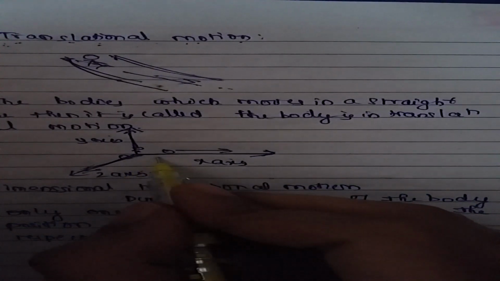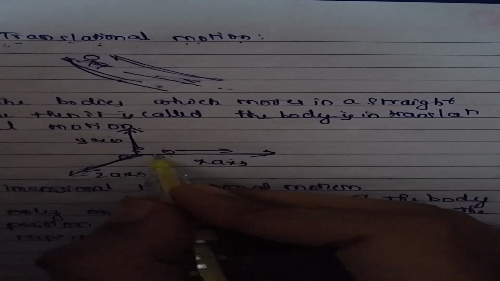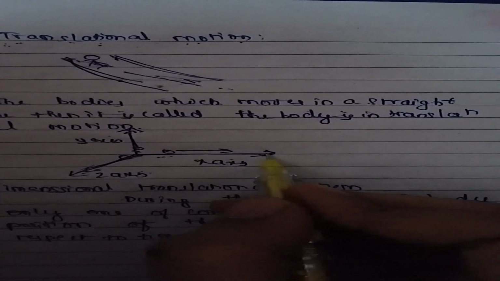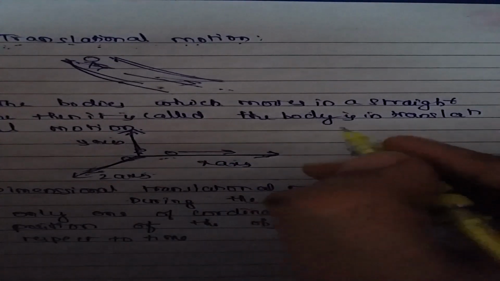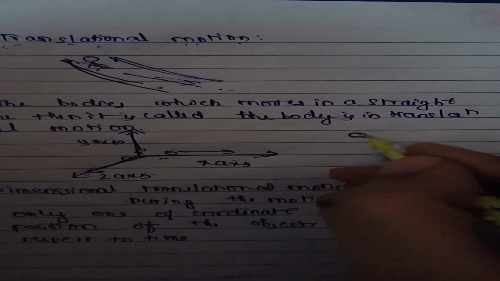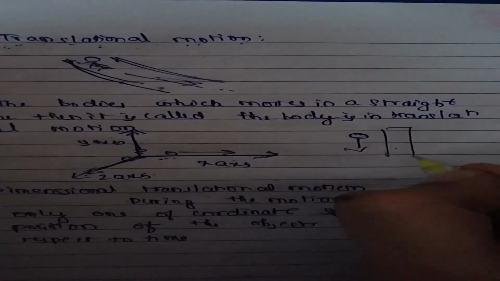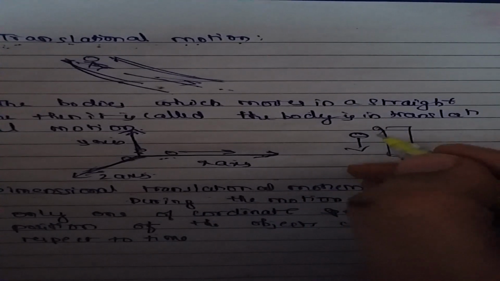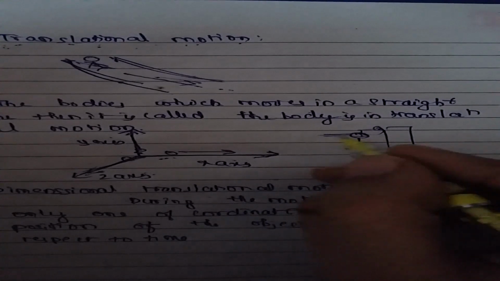Okay, if you are considering the time factor, if the position of this object changes with respect to time in only one direction, at that time we call it one dimensional motion. Suppose you are making an object fall from a tall building, standing on the tall building and leaving a piece of paper.